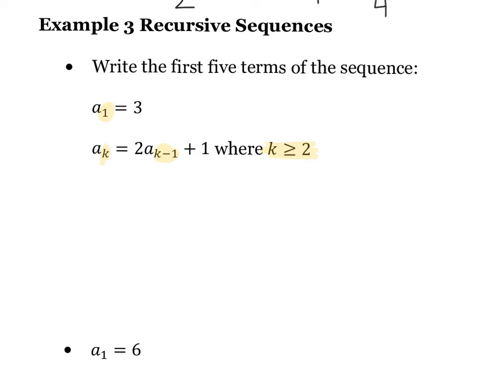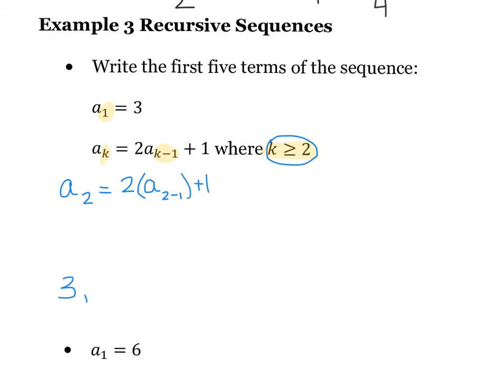So this recursive sequence tells us that the first value is 3, so we get to start with 3. And I'm going to just write that down here. Now to find the second value, a sub 2, I'm going to let k equal 2, which you can see k has to be bigger than or equal to 2. So I have 2 times a to the 2 minus 1, plus 1.